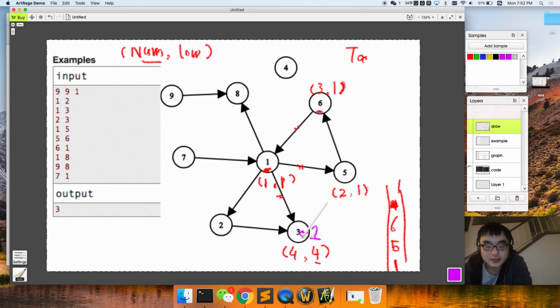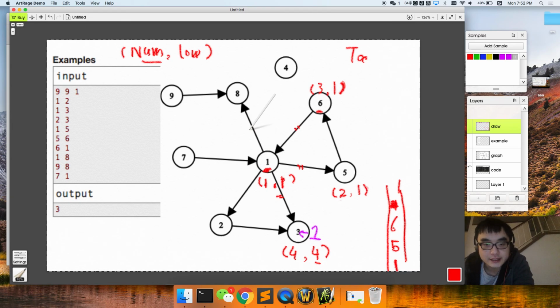Because the lowest number it can reach is itself, so itself is an SCC, and its SCC index is 1 because it is the first SCC we found in the graph, right?